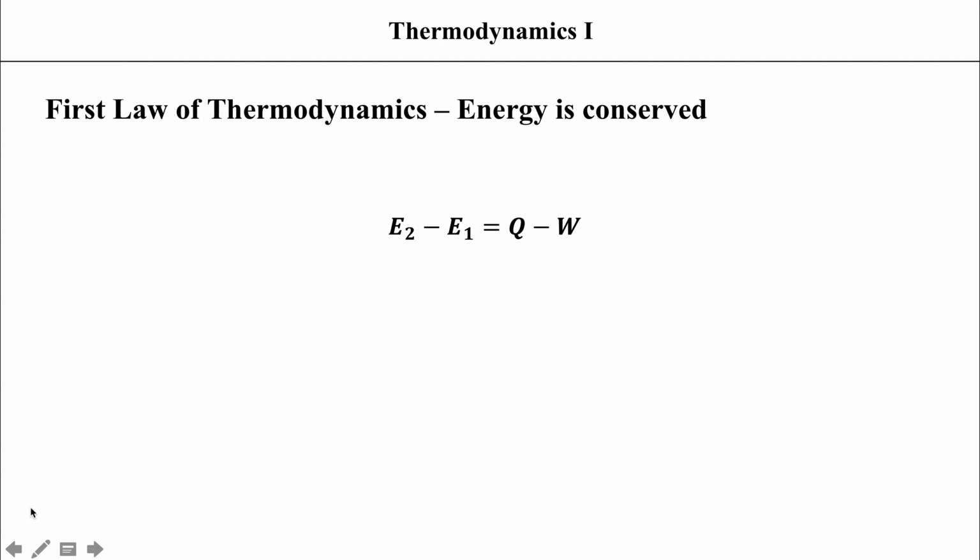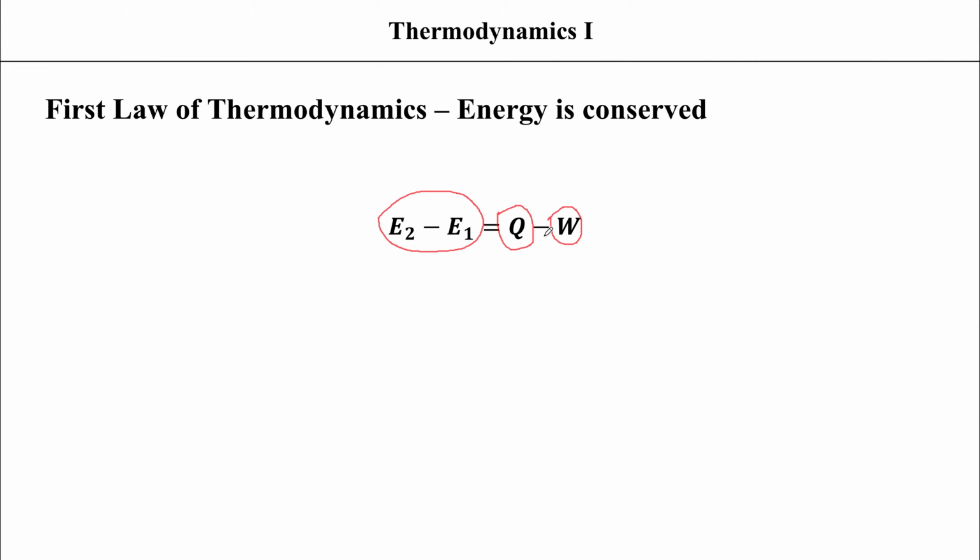And over here, what this means is that the change in the amount of energy contained within the system is equal to the net amount of energy transferred through heat into the system minus the net energy transferred through work out of the system.